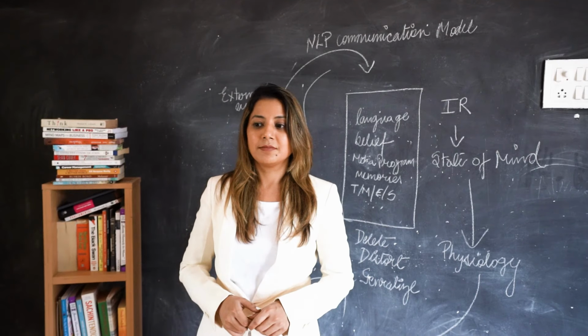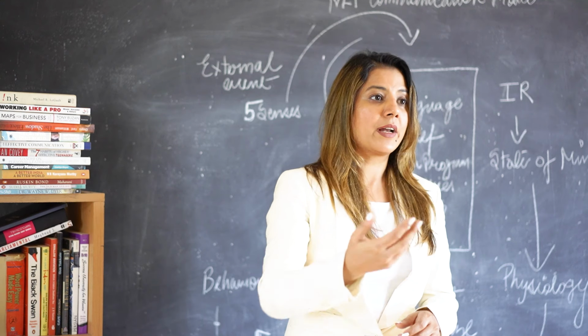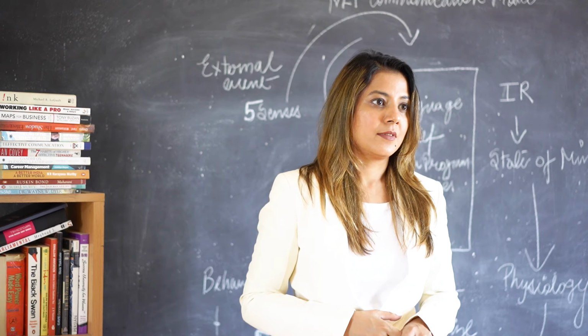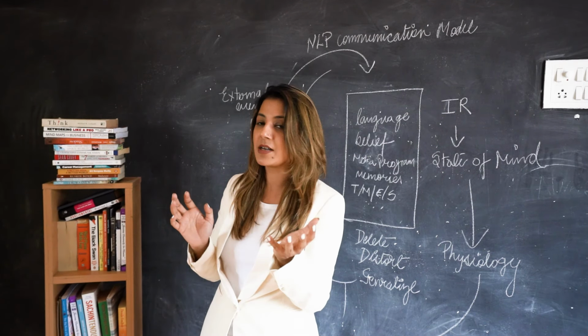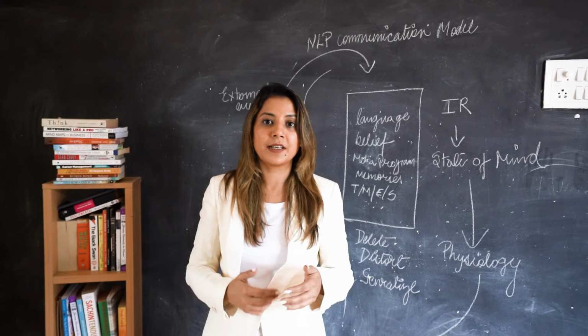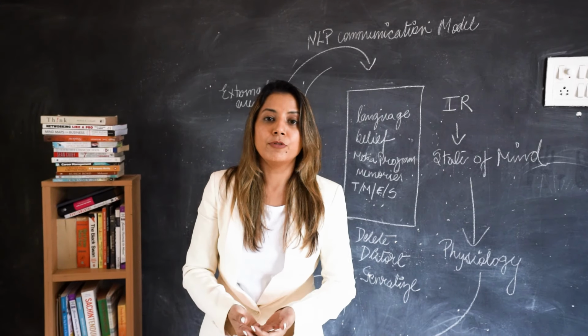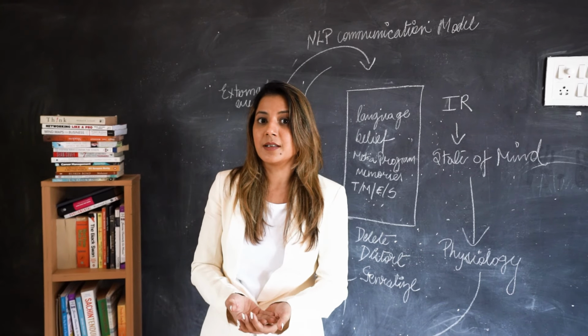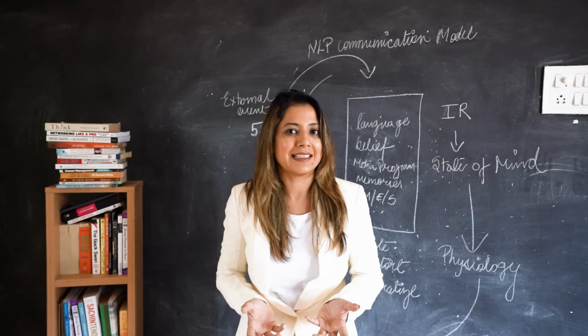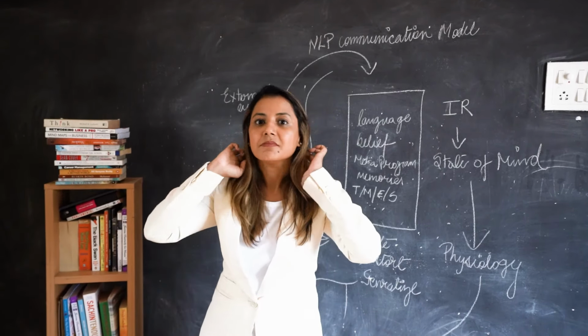It's just like you are wearing blue glasses and I'm wearing pink glasses. I see the world in pink and you see the world in blue, and then all our life we are fighting to prove that no, the world is pink, and you're trying to prove that no, the world is blue. So how exactly does this work?